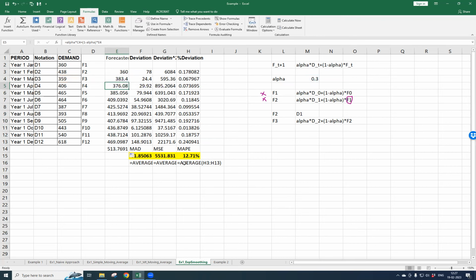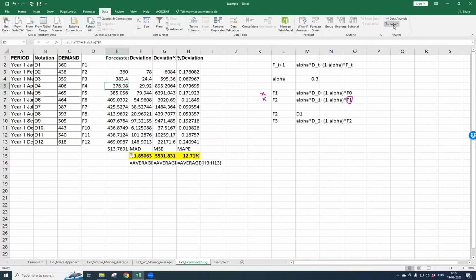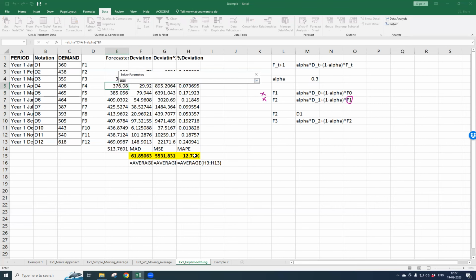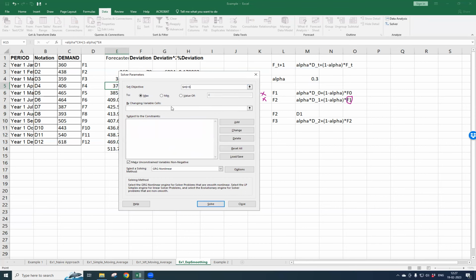Now in the class, I said that the best way to get this alpha value, which minimizes the MAP, is to use our solver. In the previous case, we had different W values which I had to choose. Here it's only one thing. Just that we know the alpha value lies between 0 and 1, so we will have to include a constraint.